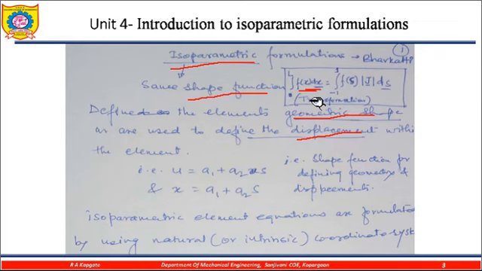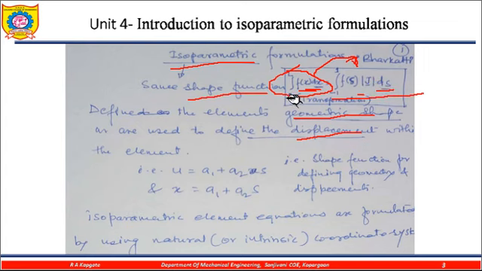It means what we did here is that the global coordinate system is transformed into a natural coordinate system, because here the coordinates are -1 to 1.